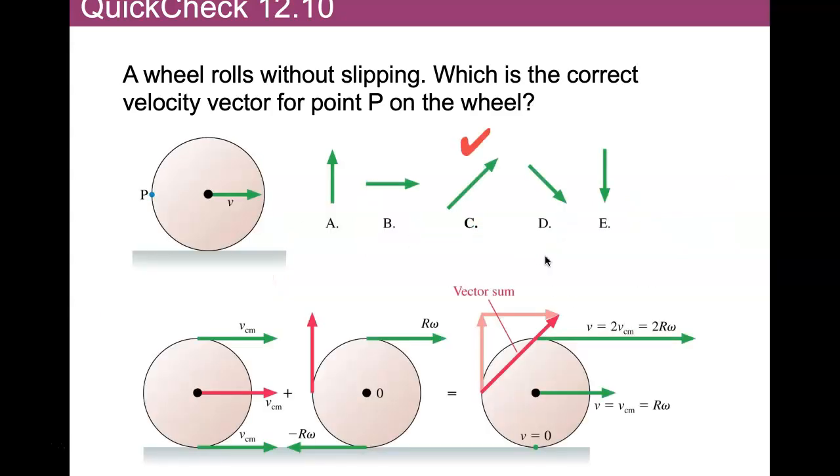That's the way it's discussed here: the vector going up is the velocity in the moving reference frame, because you're rotating around the center, and then we add the velocity of the moving reference frame, the one moving with the center. So their sum is that.